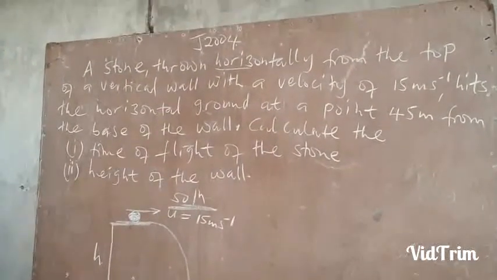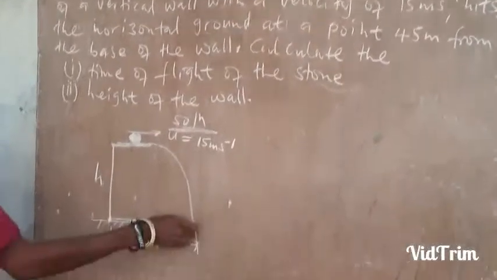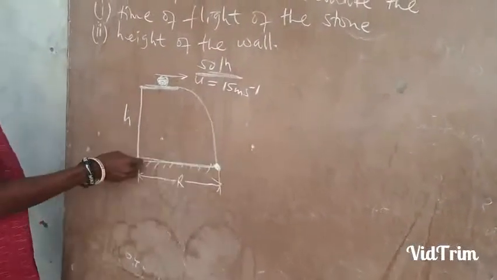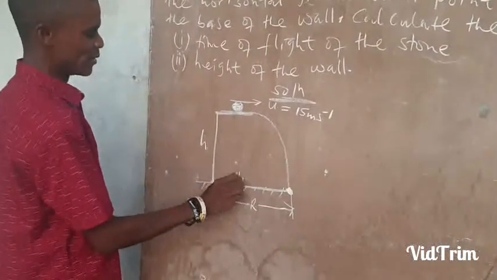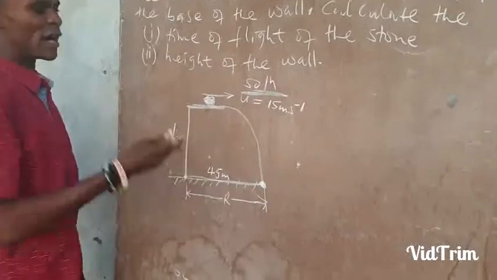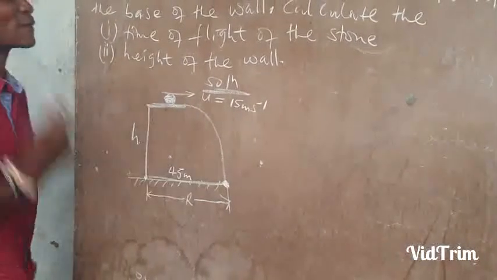The base of the wall is here. The stone has hit the ground at this point, and they are saying that distance from the wall is 45 meters. So if you are smart enough, they are telling you that the horizontal distance covered is 45 meters.